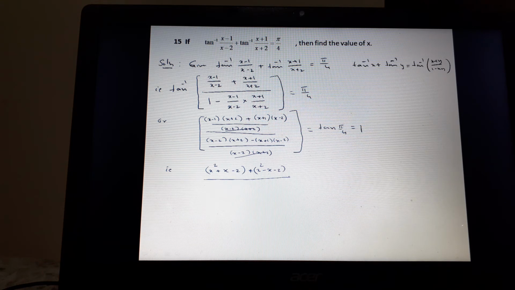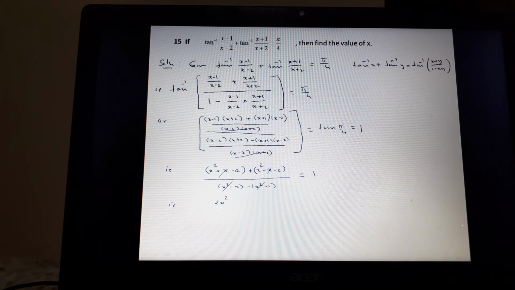Divided by here x square minus 4 and minus x square minus 1. This equal to 1. So here you see what happens, that is here this x square and this x square cancel. So next simplification will be x square plus x square is 2x square, and plus x and minus x, these two cancel.